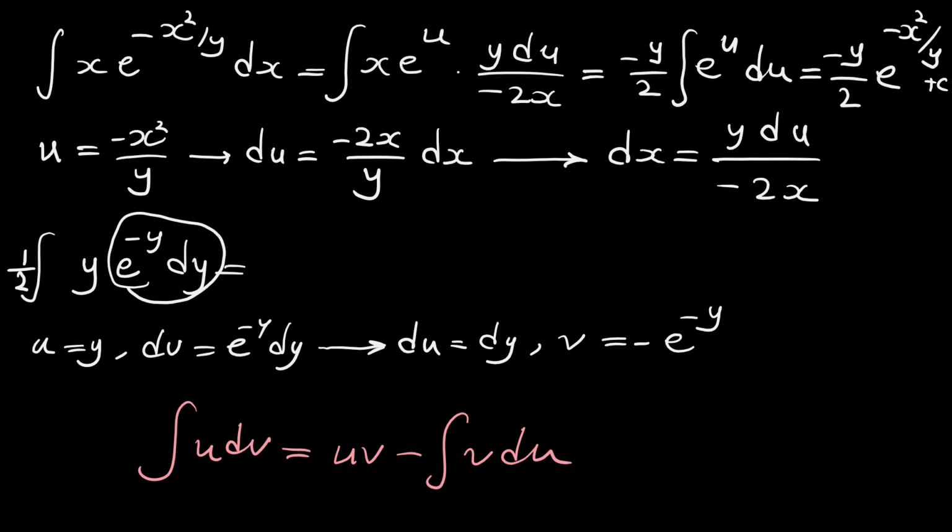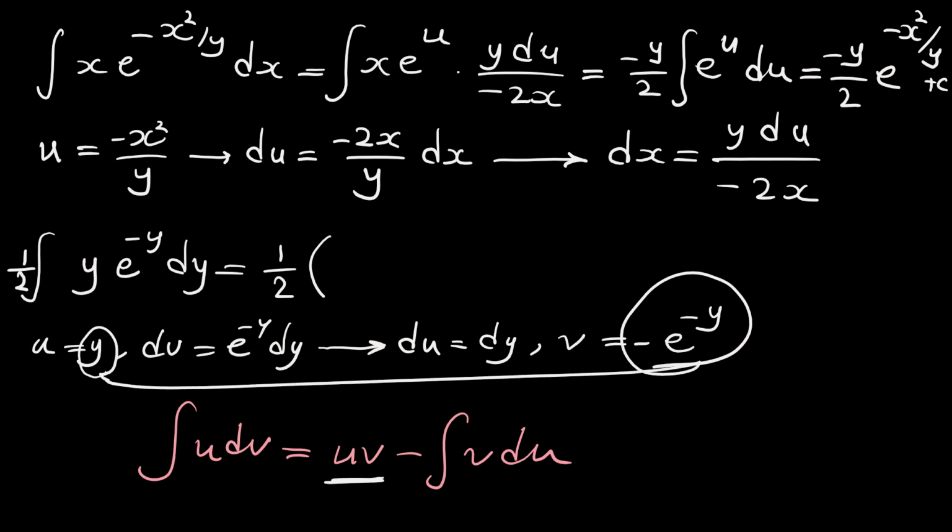Based on this formula, the answer of this integral equals, don't forget you have a 1/2, times u times v. U is y, v is this, u times v is negative y e to the negative y, minus the integral of v, which is negative e to the negative y, du, which is dy.